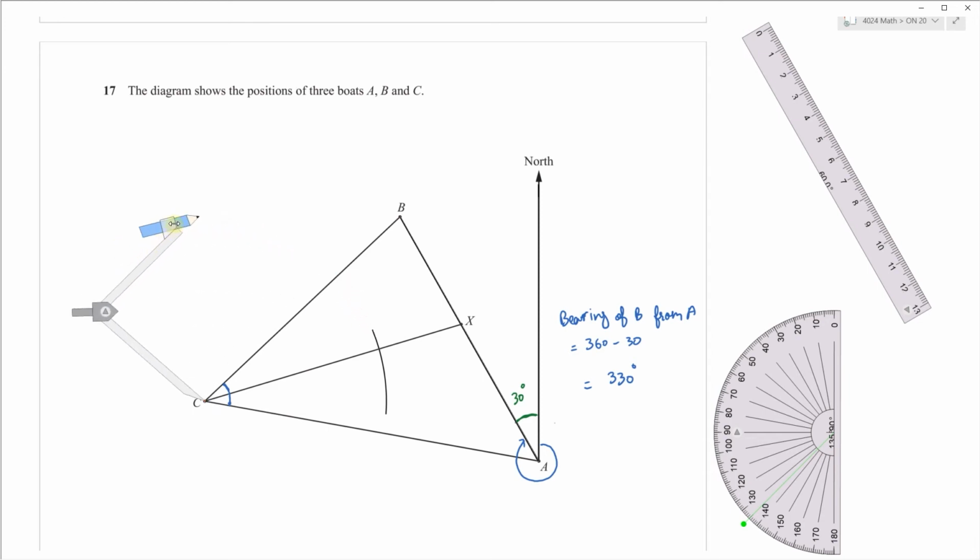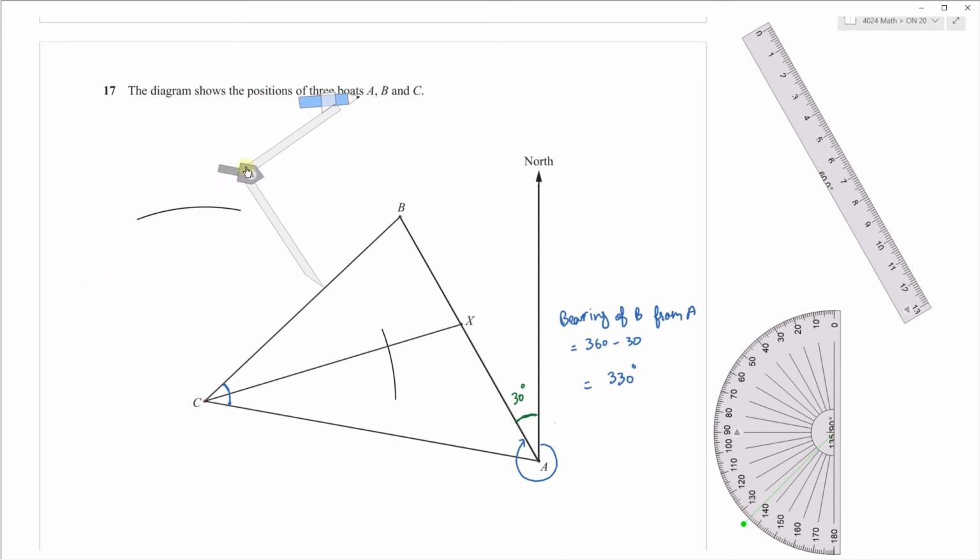So one arc here and oops, let me redraw this arc. I changed the length accidentally. So one arc here and then another arc on this side.